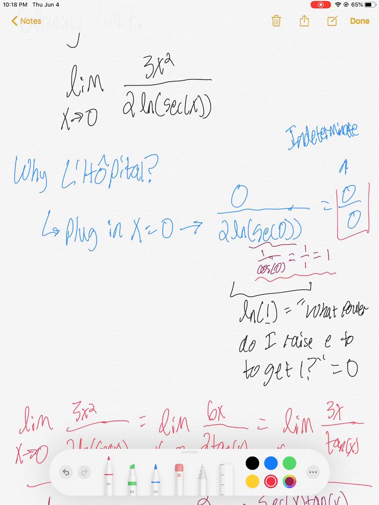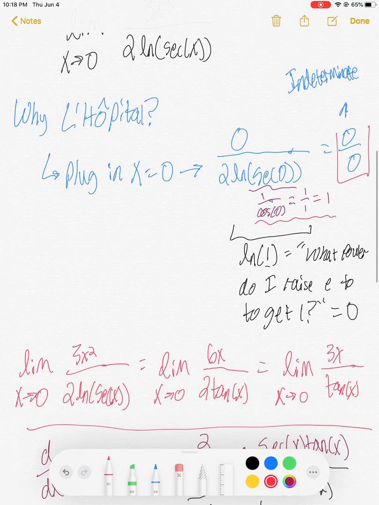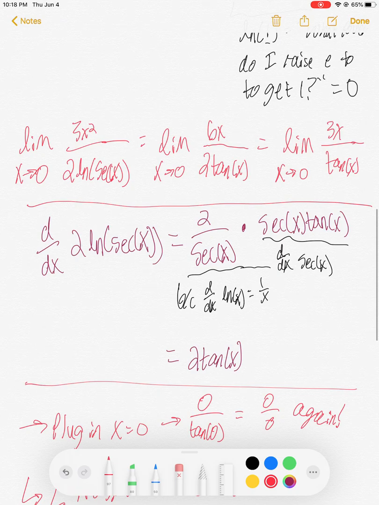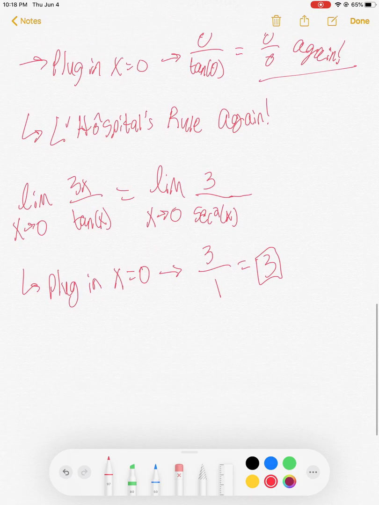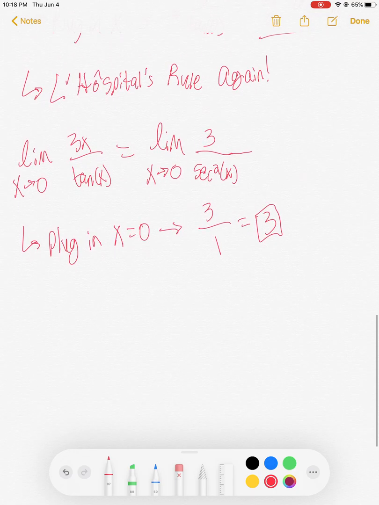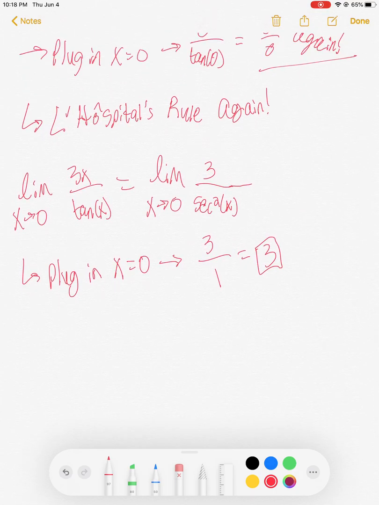So let's review here. We wanted to use L'Hopital's rule to find this particular limit. The reason that we needed to use L'Hopital's rule is because whenever we just plugged in the value, in this case x equals 0, we got this indeterminate form of 0 over 0. So we took the derivative of the numerator and the denominator, and we tried again to plug in the value, but we got 0 over 0 again.